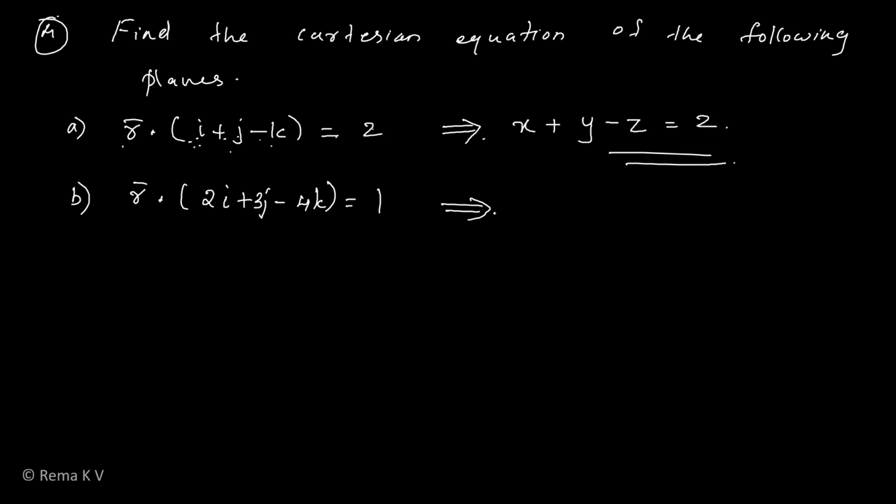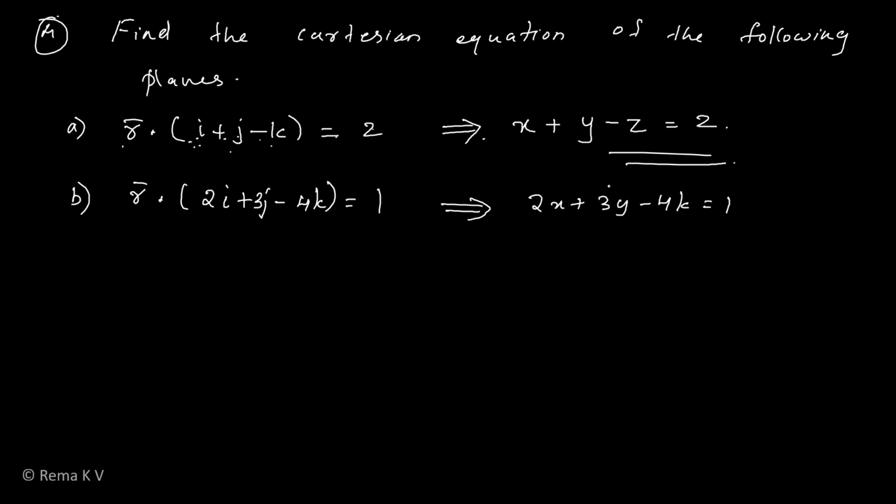Give the Cartesian form now. Okay, it is 2x plus 3y minus 4z is equal to 1.